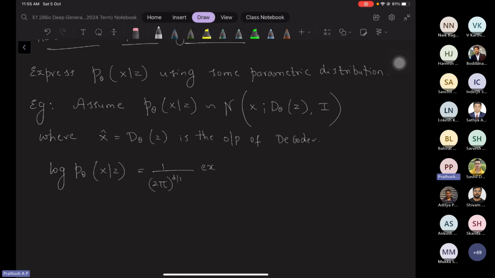This will be e power of minus half, this is for the point xi, let's call it x, minus, what is the mean?